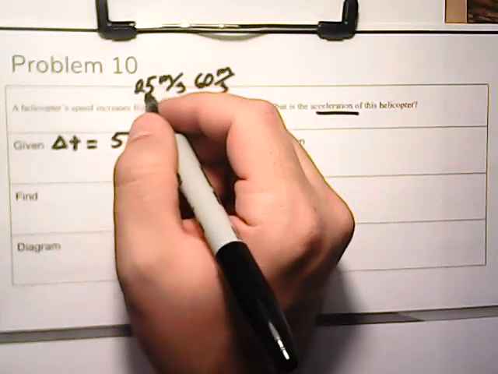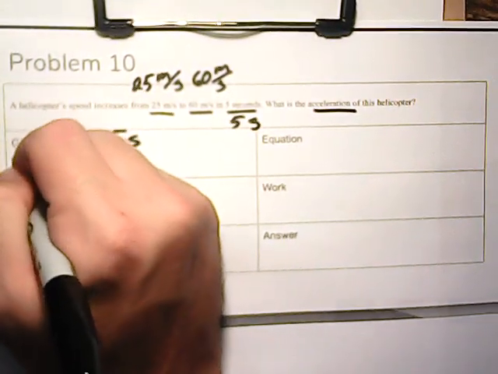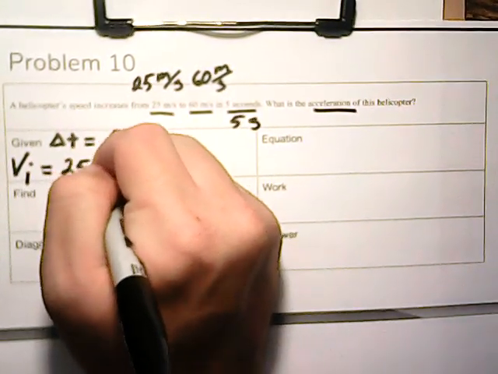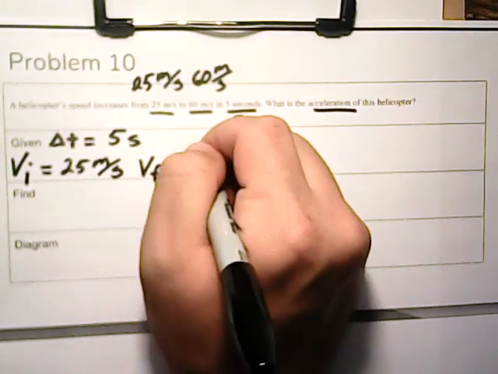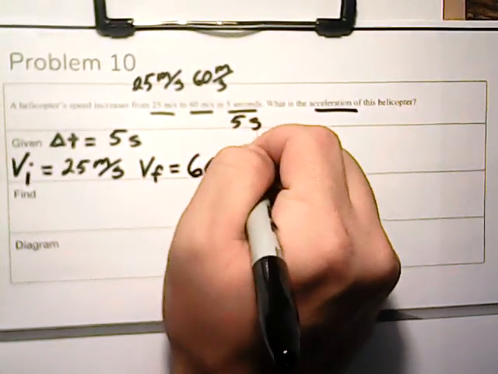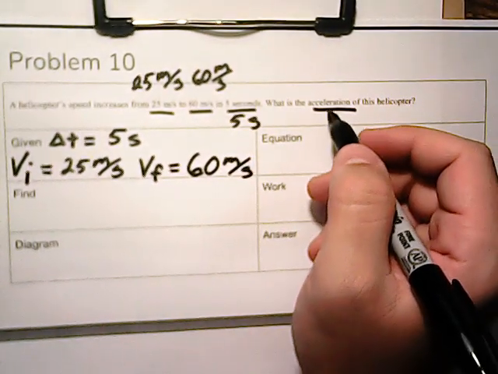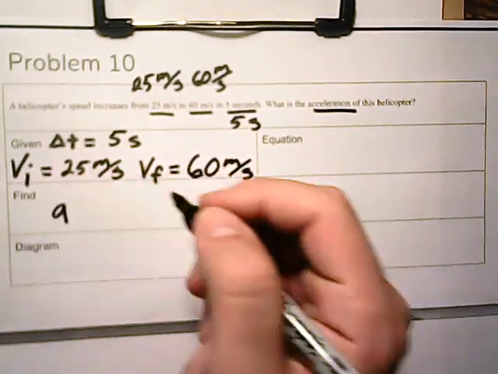Our starting value is where we start from, so the initial velocity VI is 25 meters per second, and our final velocity VF is 60 meters per second. The question asks us, what is the acceleration? So we're going to find A, our acceleration.